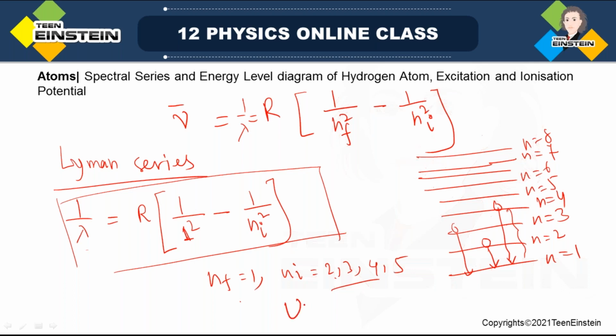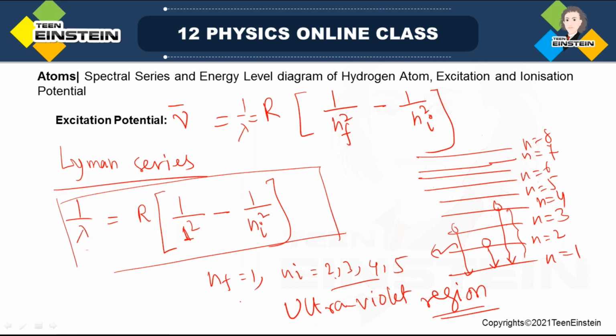The radiation emitted here falls in the ultraviolet region. The wavelengths are not visible to the naked eye because they are in the ultraviolet range. Okay, so this is about the Lyman series.